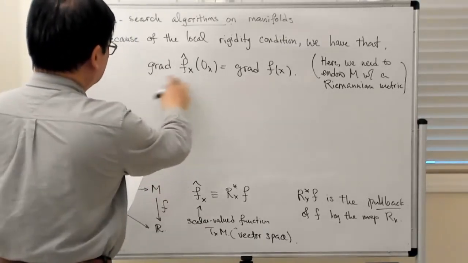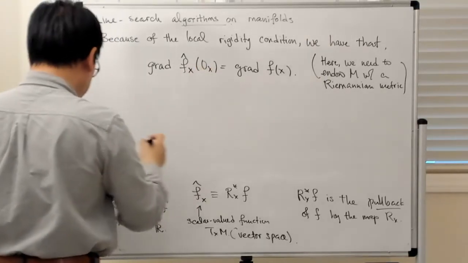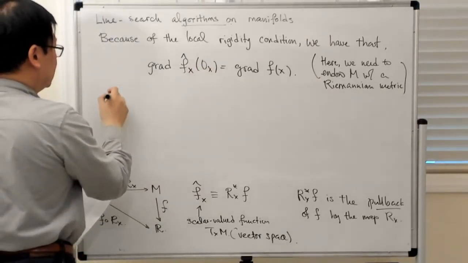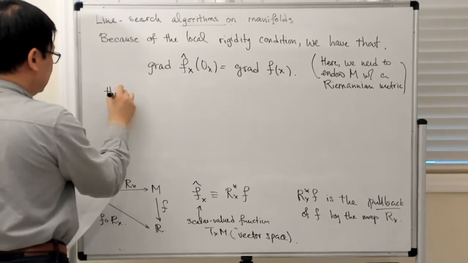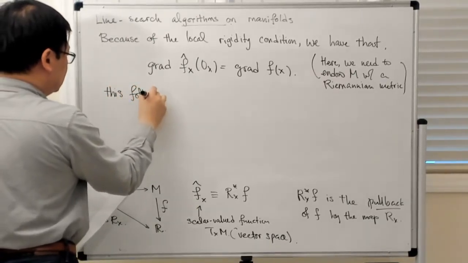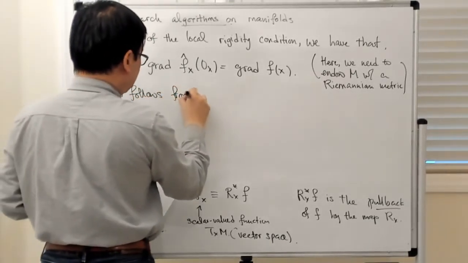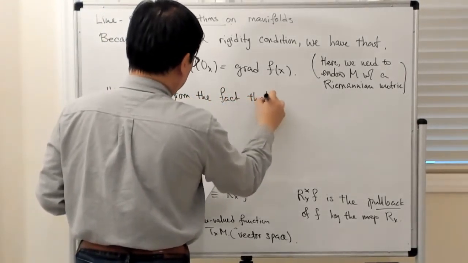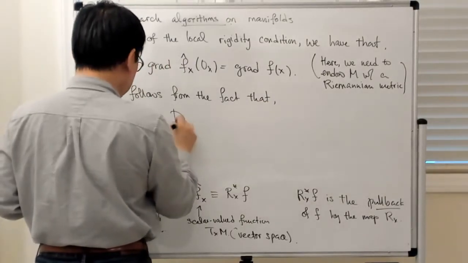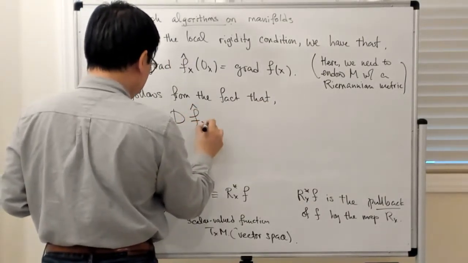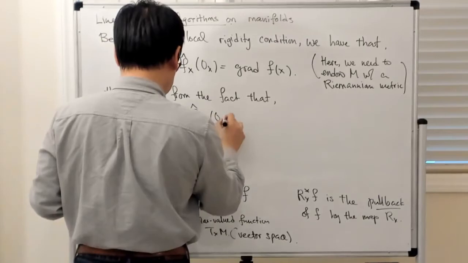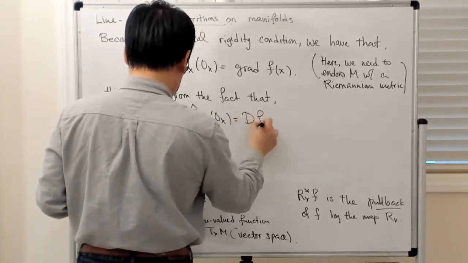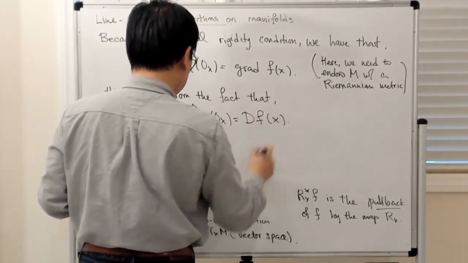And okay, the reason why that's true, I guess I should have said, is because this follows from the fact that the local rigidity condition implies that d of f hat of x at x0 is equal to just d of f of x.